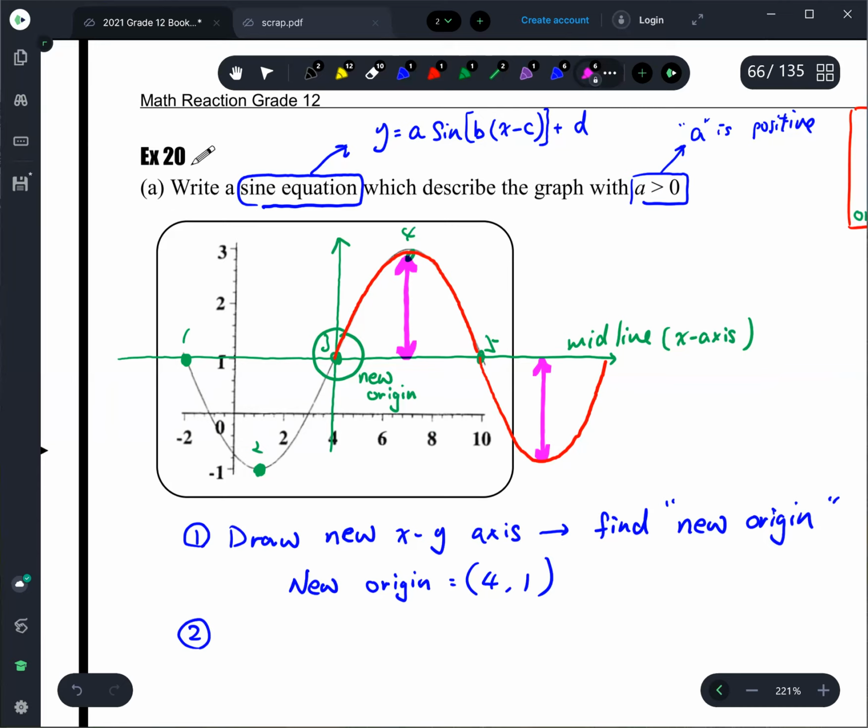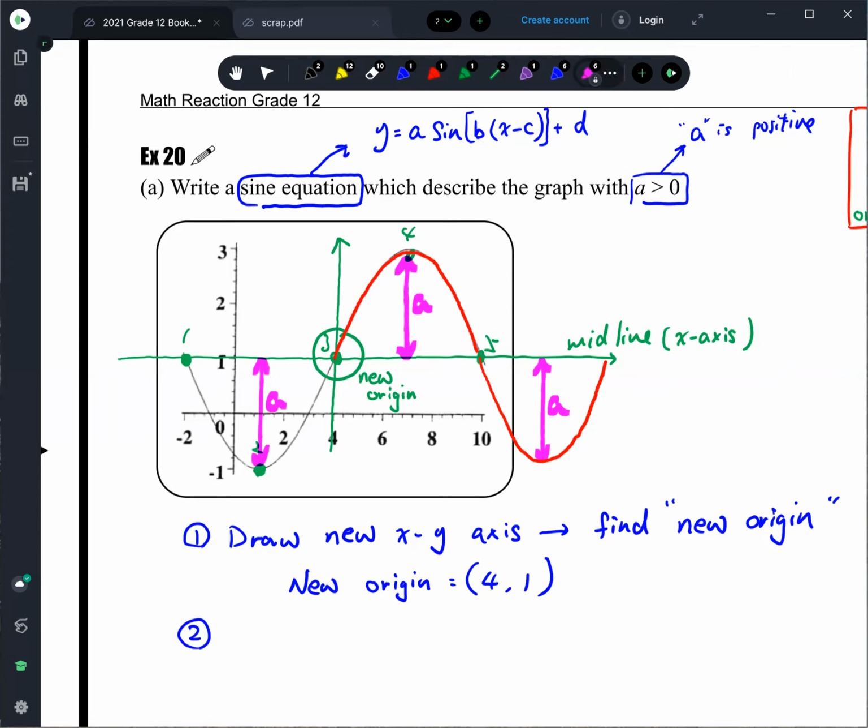All these are called amplitude. That's the A. All right, so look at the points. What's the amplitude for this one?